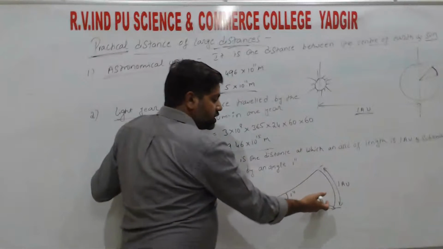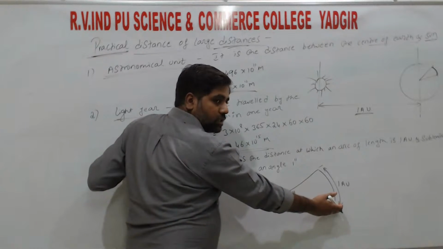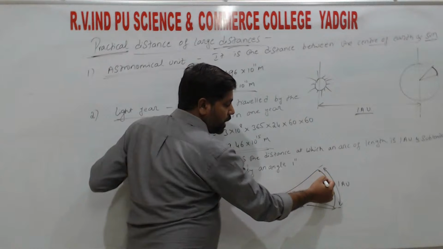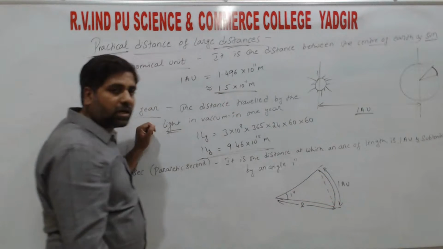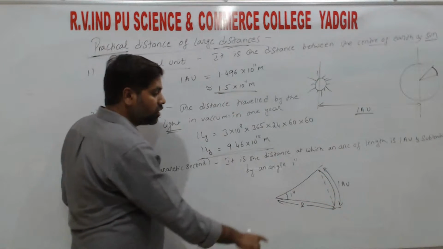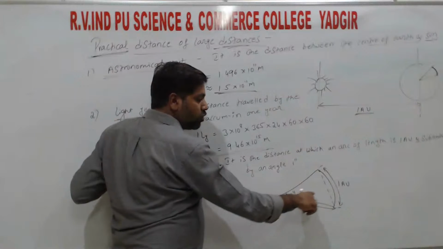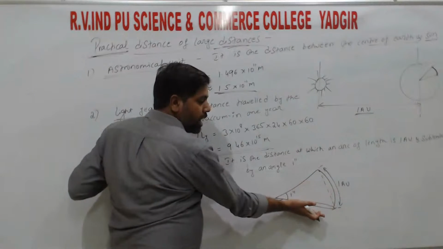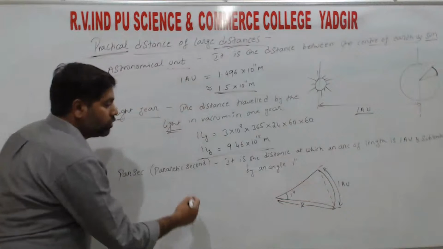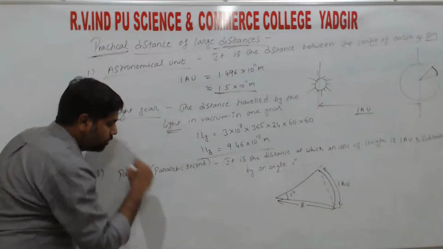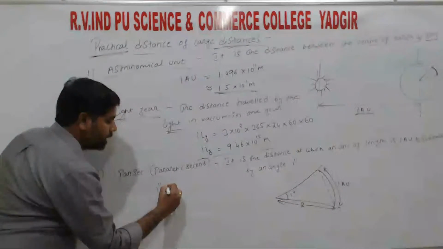So for large distances, since this is a very far distance, this arc appears like a straight line, right? So by using trigonometry, tan theta is equal to opposite side by adjacent side, right?